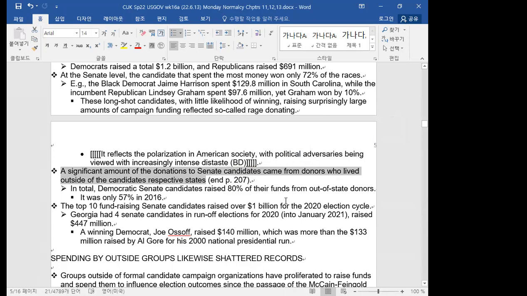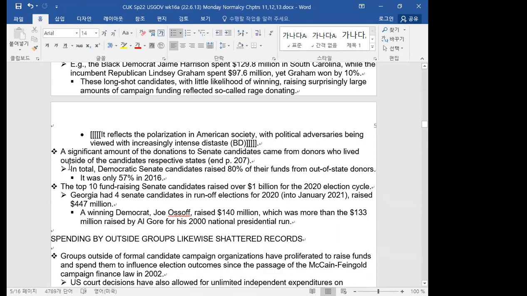That's a theme throughout the book, that elections have become more and more national in focus. They're still focused on South Carolina issues or Texas issues, but all of these elections are becoming more and more national issue focused. In total, Democratic Senate candidates raised 80% of their funds from out-of-state donors, which had been only 57% in 2016.